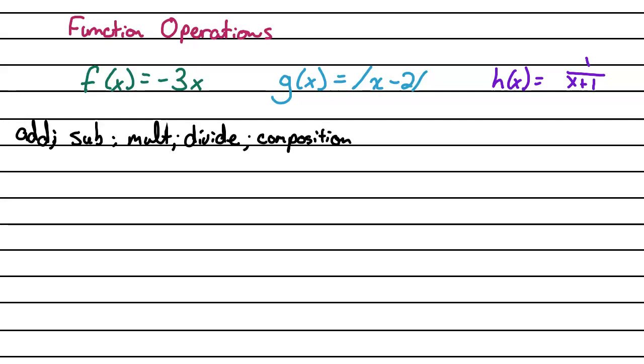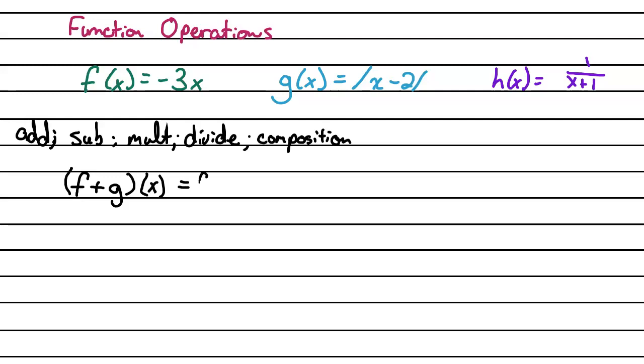With addition, subtraction, multiplication, and division, you're going to see them written in a couple of different ways. If we have addition, it can look like f plus g of x.